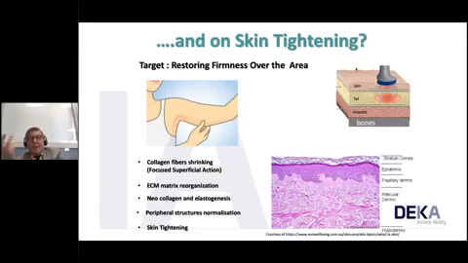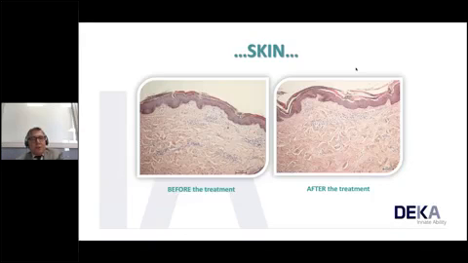But we can recall back, and there is a sort of upside down thermal injury. From the depth, you can heat the skin and get the tightening. You see the skin histologically before and after.